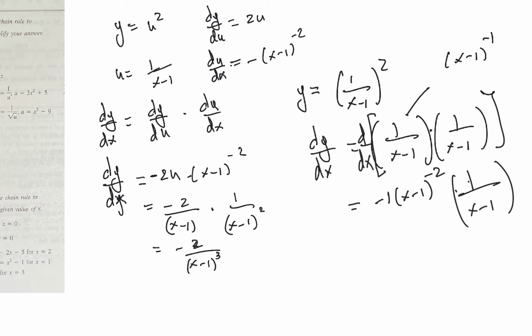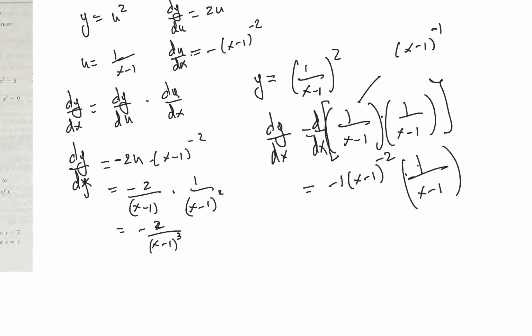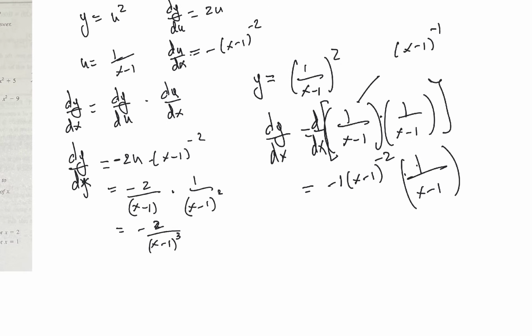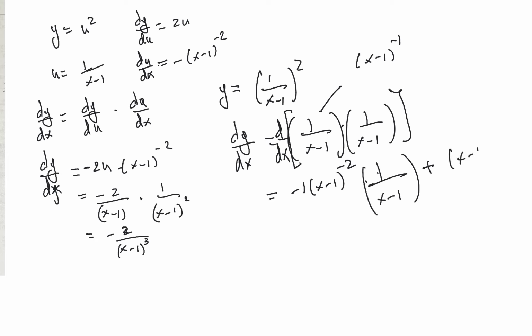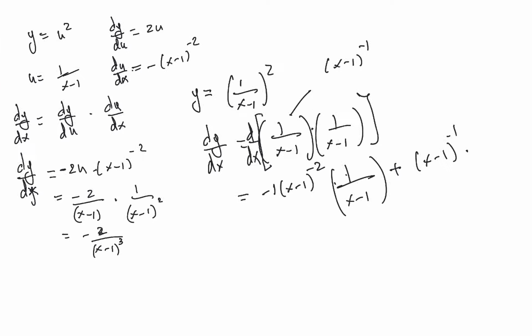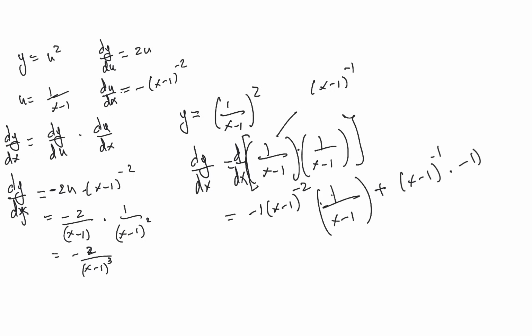And now the same result will appear. So I will put a 2 here. Well, let's do it if you want. Plus the first, x minus 1, times the derivative of the second. But the derivative of the second is minus 1 times x minus 1 to the power minus 2.